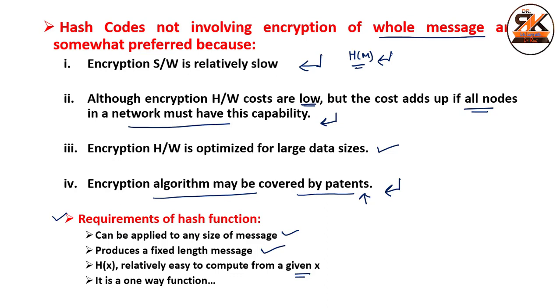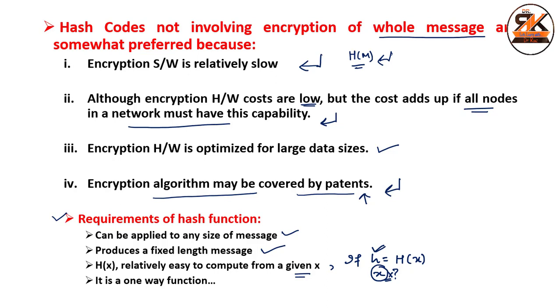And if h is equal to the hash of this x, it is computationally infeasible to find x if h is known. We cannot find this x. If this h is known to us, we cannot find this value of x.